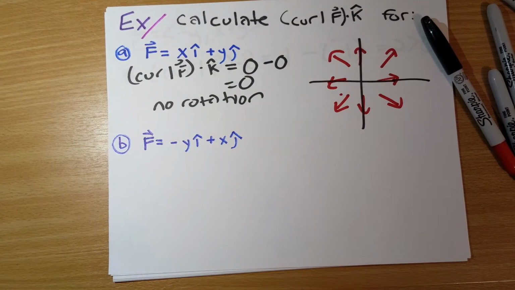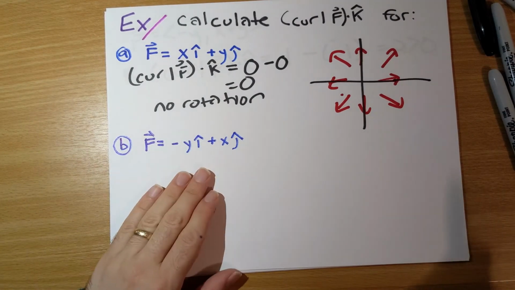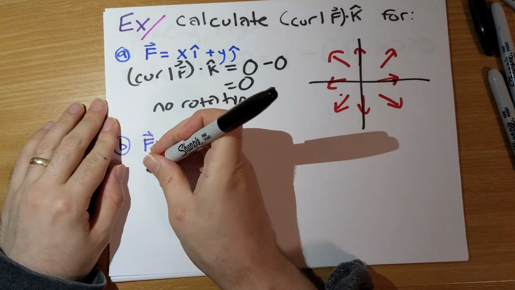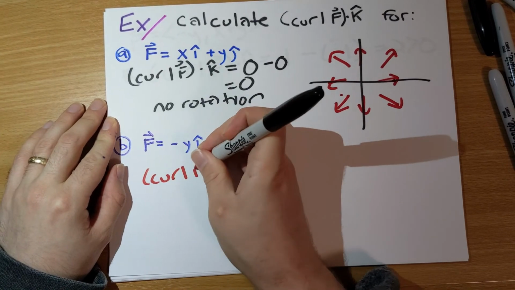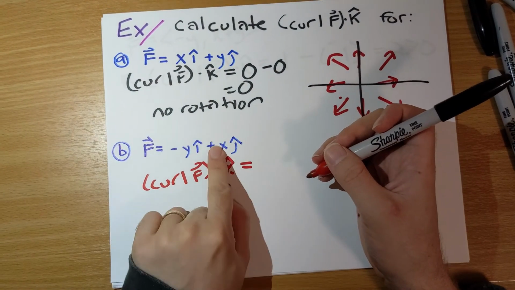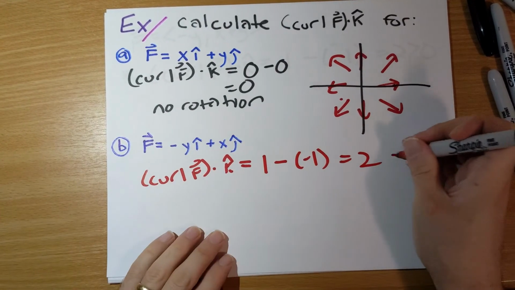Secondly, F is equal to negative y i hat plus x j hat. That's very similar to what we just did. Curl of F dot k is the x partial derivative of this, which is 1, minus the y partial derivative of this, which is negative 1. We get 2 again.